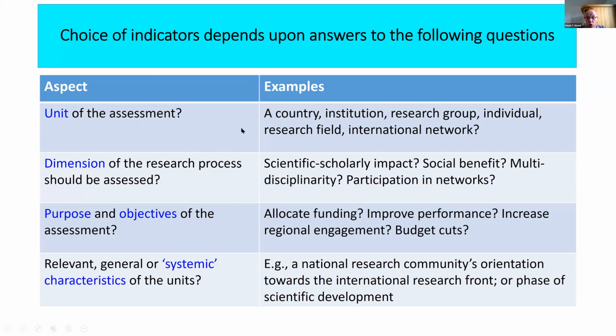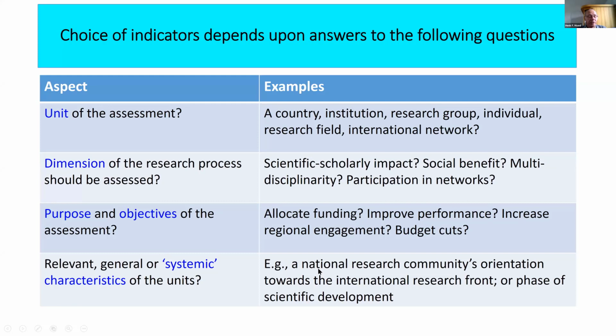Is it scientific scholarly impact, social benefit, but multidisciplinarity, participation in networks? What are the purpose and the objectives of the assessment? Is it to allocate funding or improve performance, or to stimulate regional engagement, or to create or decide upon budget cuts? And of course also very much upon systemic or general characteristics of the units.